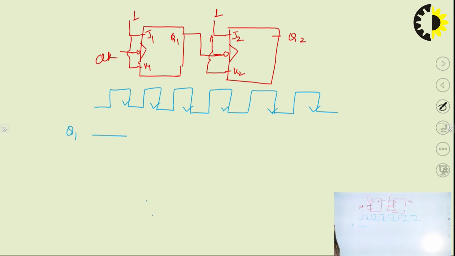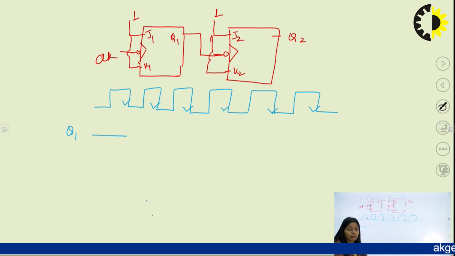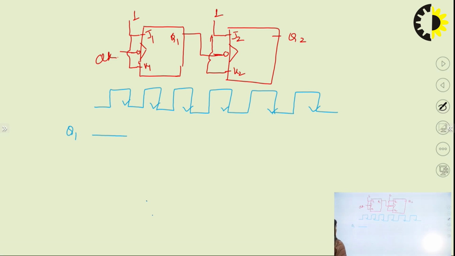Q1 was 0. As the negative edge comes, since I have given J1 and K1 as 1, there will be a toggle, from the JK flip flop truth table. There will be a toggle at the first negative edge of the clock pulse. So here the output will change from 0 to 1, right.